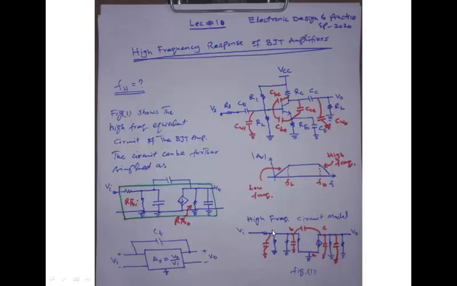At the input side these three resistors form an equivalent resistance R Thevenin I, and at the output side these two resistors form an equivalent resistance R Thevenin naught. So R Thevenin naught is equal to RC in parallel with RL, and R Thevenin I is equal to R1 in parallel with R2 in parallel with beta RE.